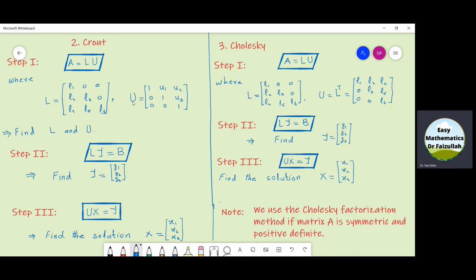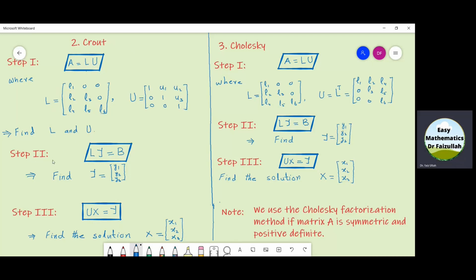But we can see that in this method, in the upper triangular matrix, all elements on the principal diagonal are 1, 1, 1. So multiplying L with U and comparing the corresponding elements on both sides, we can get the value of L and U.